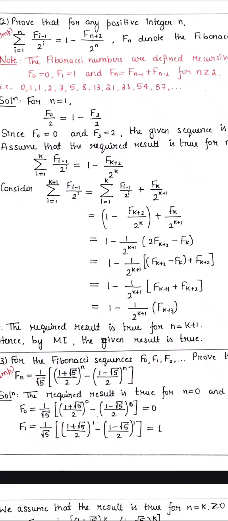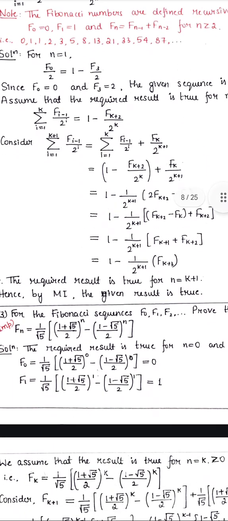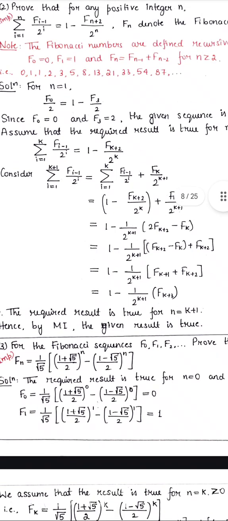So we will have this as 1 minus f of k plus 2 by 2 power k plus 1, that is already given in the above statement, plus f k by 2 power k plus 1.